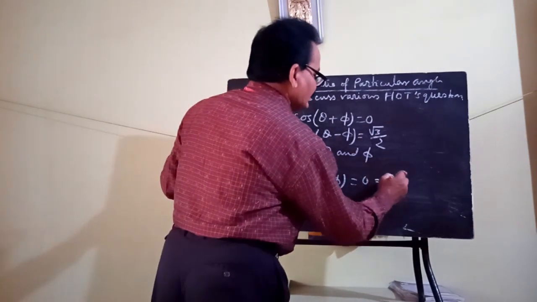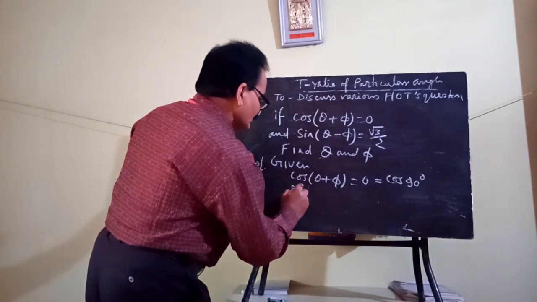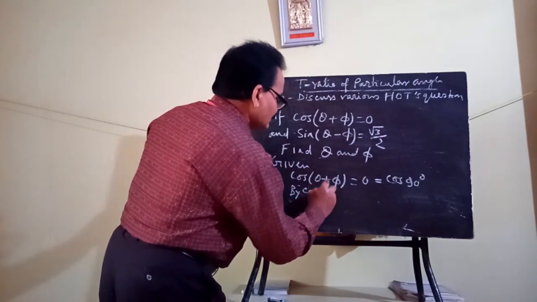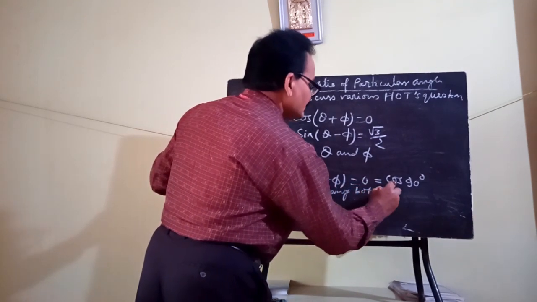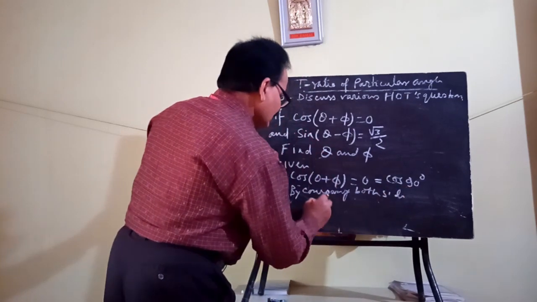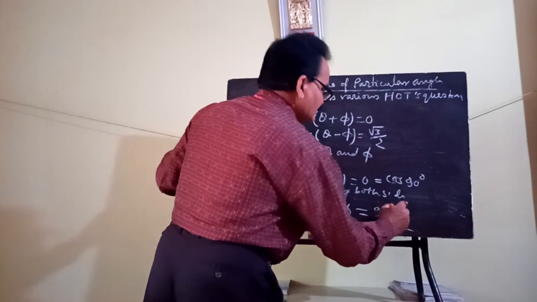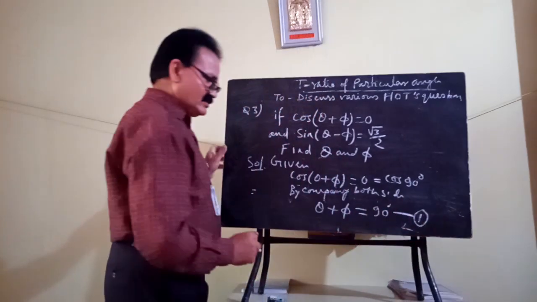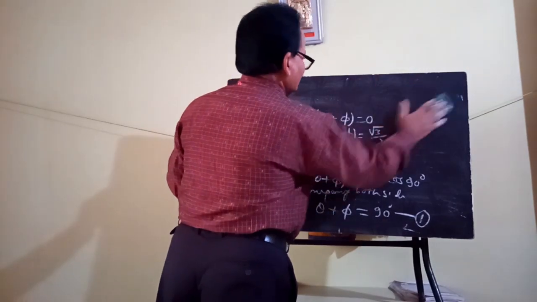That means you can write cos 90 degree. So now you will put by comparing both sides. What will happen? Theta plus phi equal 90 degree. This you can consider as equation 1.